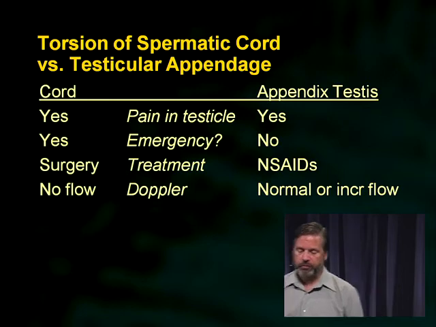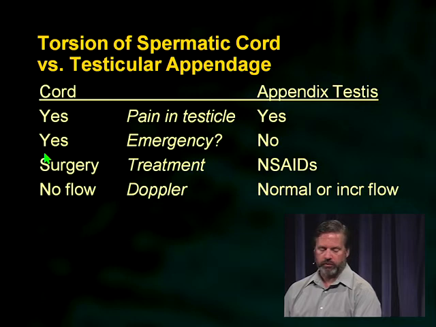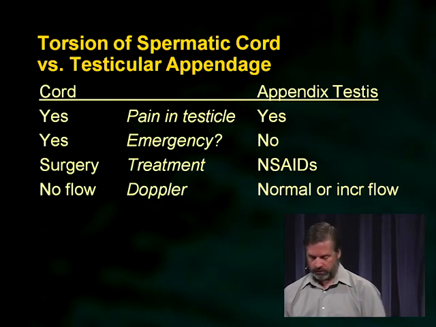So some differences between the torsion of the cord and the appendix, the testicular appendage. This table shows you that the two are treated differently, but the important thing to note is that one is a surgical emergency and the other is not. So one compromises the blood supply and the other does not.